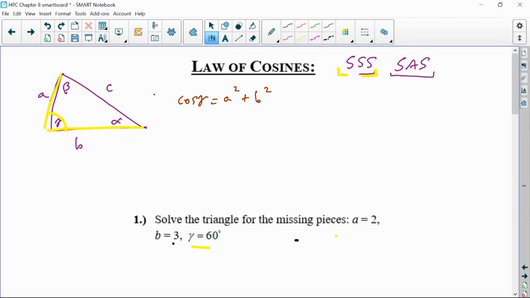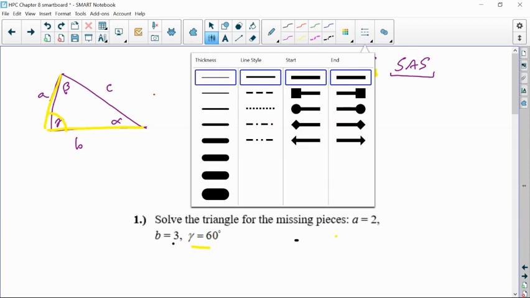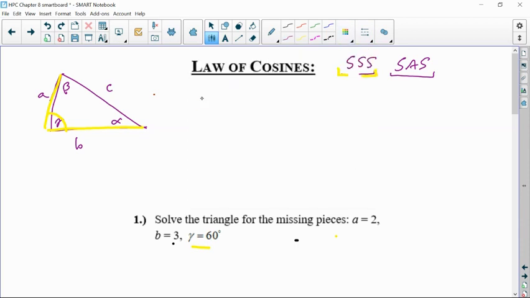Let me try this one more time. C squared is equal to a squared plus b squared minus 2ab cosine of gamma.